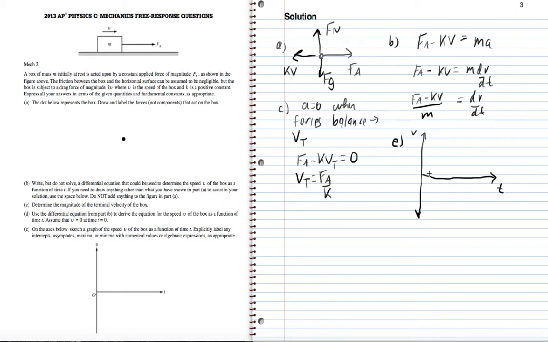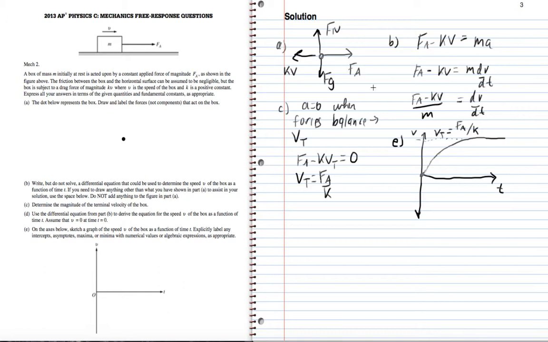And I just want to remind you that when we start from rest, as it says in the problem, we start at a speed of 0, and we're going to approach an asymptote, and that asymptote is going to be v terminal, which we just solved for as F sub A applied force divided by k. So you can actually skip straight to part E, and then you're going to get about 10 out of 15 on this free response, or 9 out of 15.